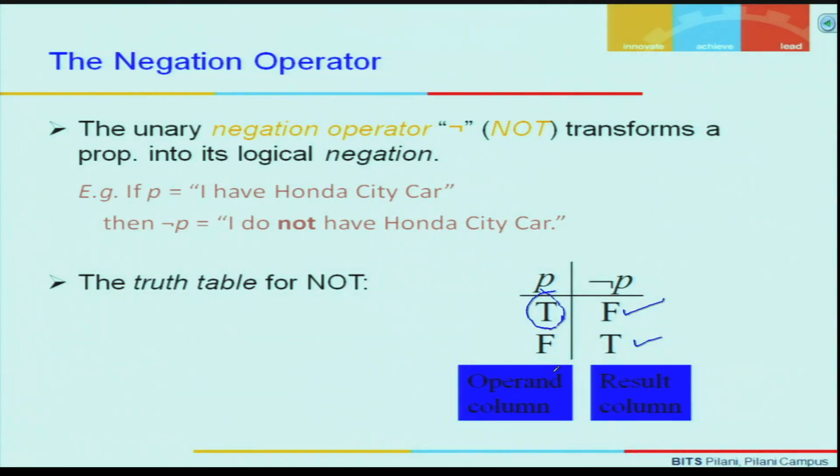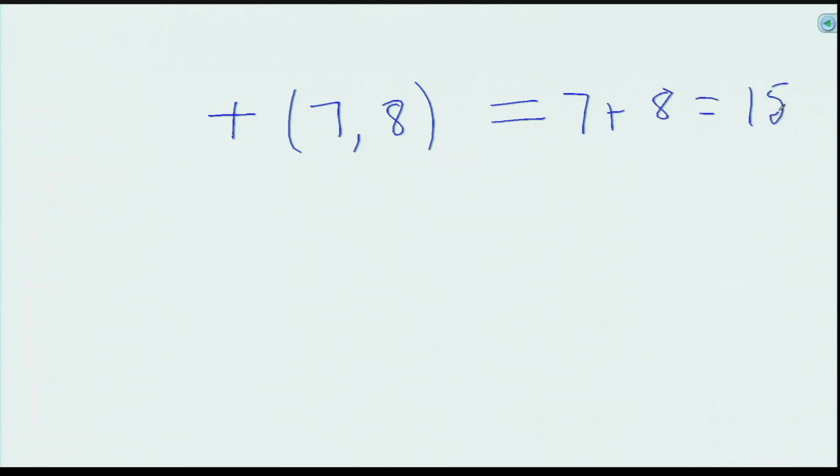Better remember this. What I am trying to say is, a binary operator like addition, plus, operates upon two natural numbers, 7 and 8, to give you the output, that is 15. This is called a binary operator because it is acting upon two operands. Similarly, we have unary operators on the set of integers.